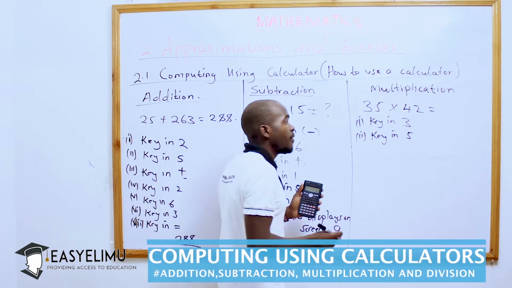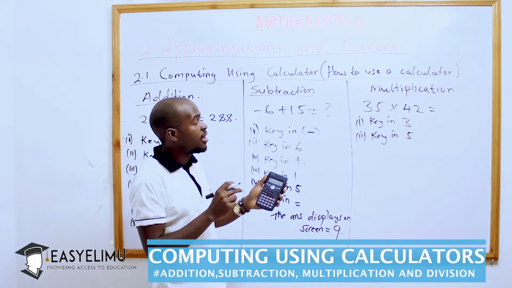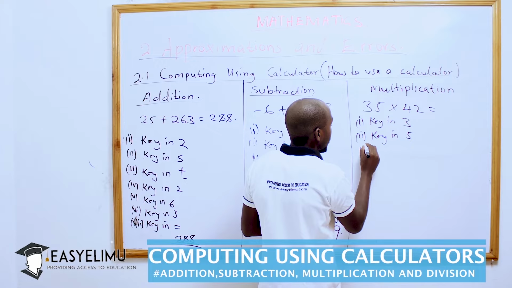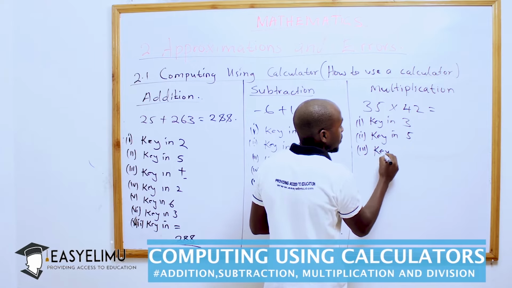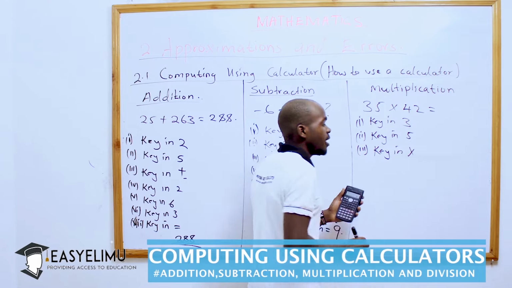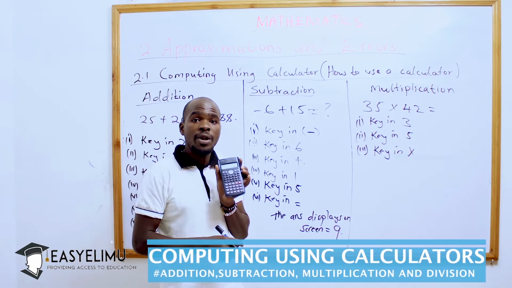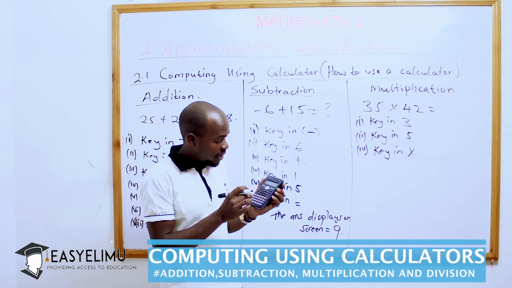That is the second digit, 5. Then for step 3, key in the multiplication sign. The multiplication sign key is located at the center.